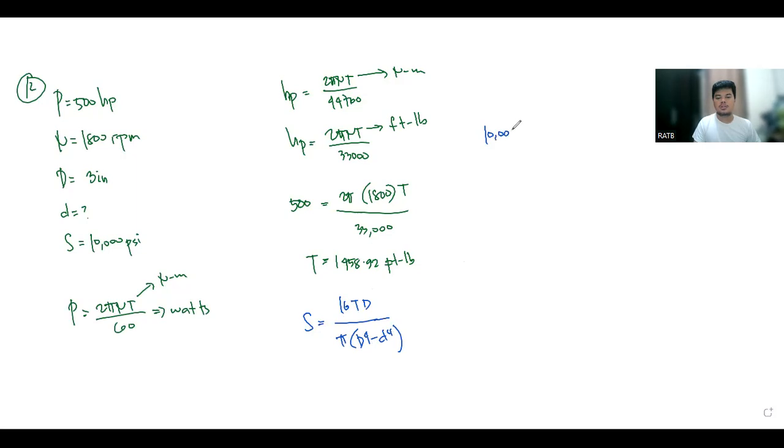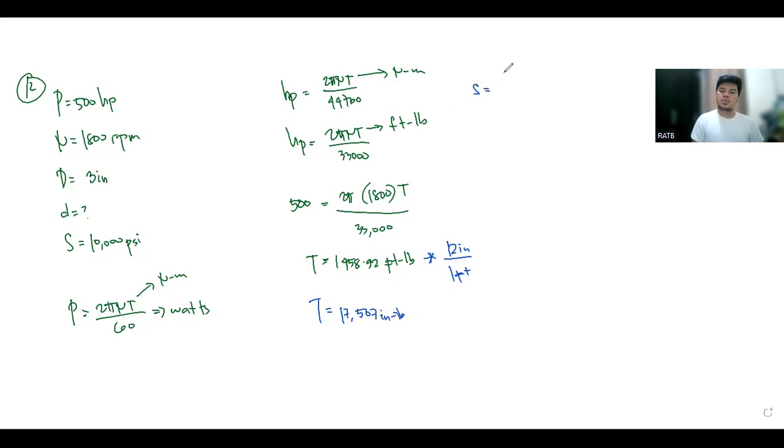Since we are using inches, we need to convert this torque in terms of inches, so multiply by 12 inches per 1 foot. Torque would be 17,507 inch-pound.